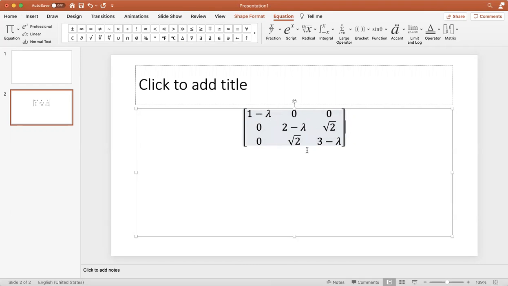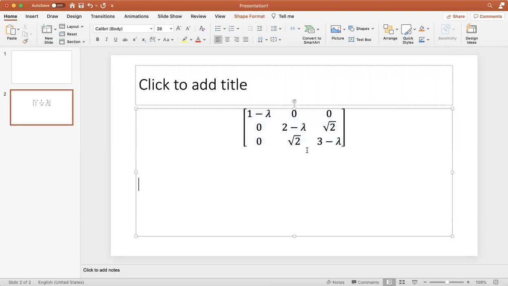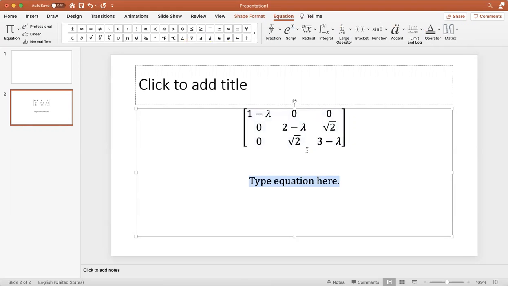Pretty straightforward. Let's name this A minus lambda I, an appropriate name for this matrix because we're subtracting lambda times an identity matrix from matrix A.